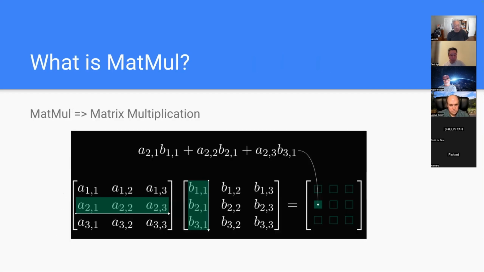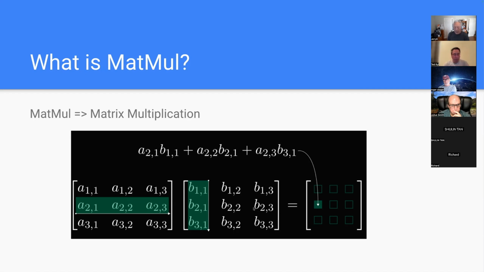So that brings up a question. What is MatMul? MatMul is the contraction for matrix multiplication. If you haven't seen this before, we have essentially row times column to produce one of these values. You can see here in the row A2,1, A2,2, A2,3, and it's row times column.